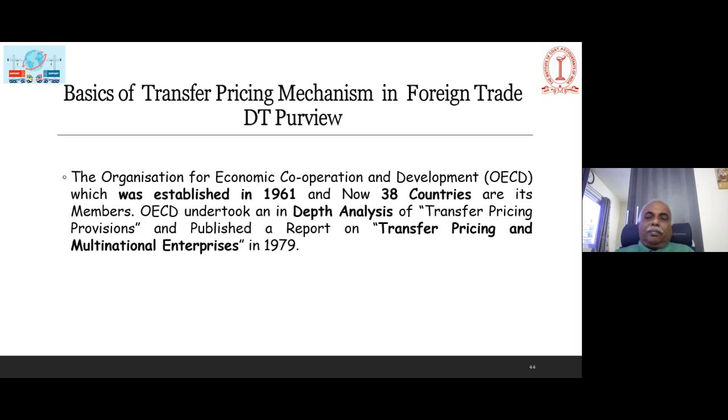India is not a member. The OECD undertook an in-depth analysis of transfer pricing, because the 38 countries should not suffer in their revenues. Whatever eligibility is there, they should not suffer on account of transactions shifting to lower tax regimes, which is causing them a lot of loss. So they started an in-depth analysis of transfer pricing provisions and published a report on transfer pricing and multinational enterprises in 1979. I'm talking about the history.